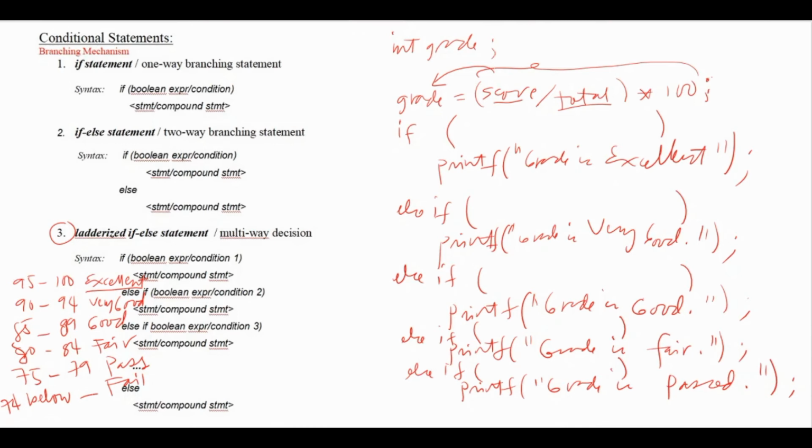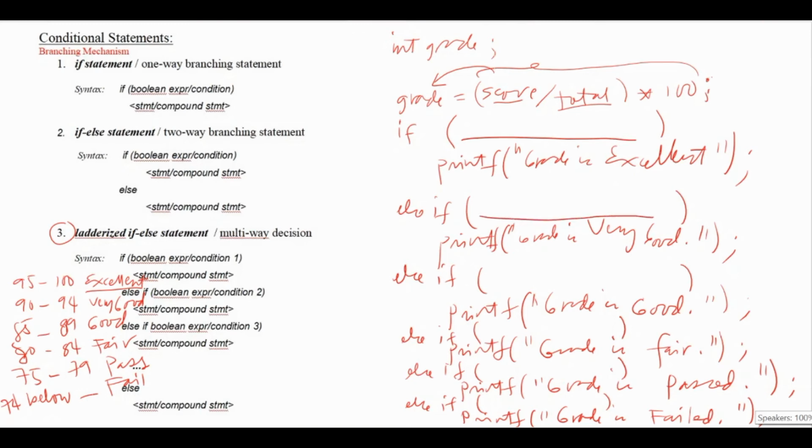And lastly, we would say else if, and then output printf grade is failed. So what should be the condition here?